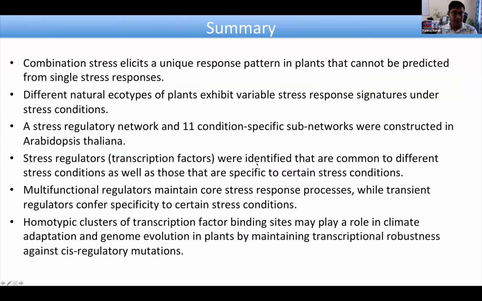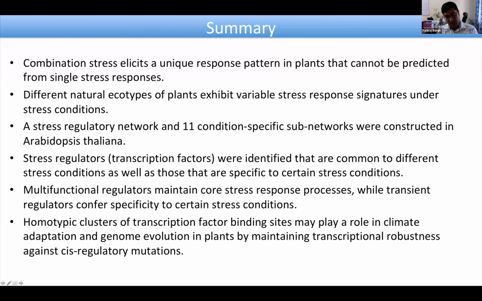We identified a couple of combined stress regulators, and showed how the plant regulates the processes to cope with stress: the core stress responsive genes, and the secondary, more transient and very specific stress responsive genes or transcription factors. We also showed that homotypic clusters of transcription factor binding sites may play a crucial role in maintaining transcriptional robustness against any kind of cis regulatory mutations.